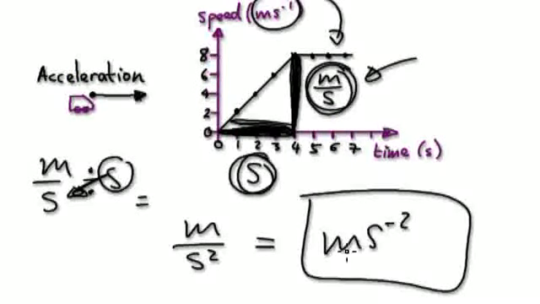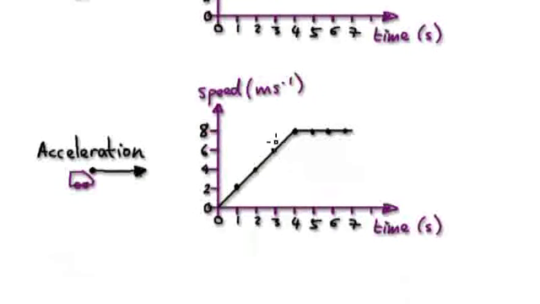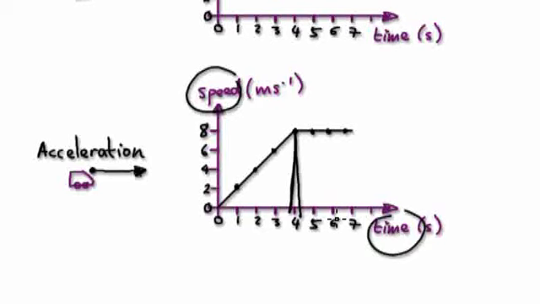The way you pronounce it is meters per second squared, but it's to the power of minus 2. Okay, that's because the gradient of this speed time graph is given by the height divided by this. So the acceleration is given by this.